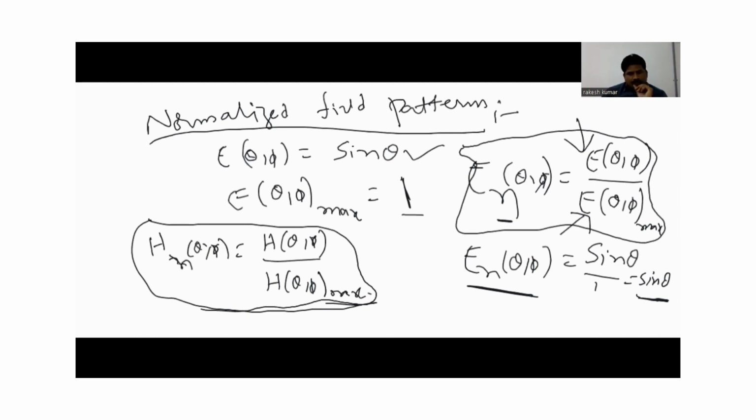Similarly, the same thing we can do for the normalized power pattern. Now we will discuss the normalized power pattern.